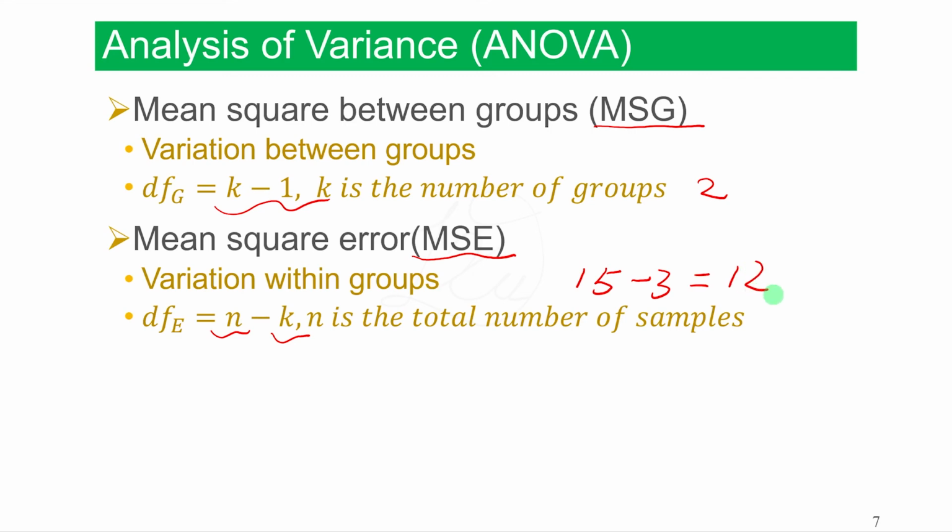And then we take the ratio of MSG and MSE. It is an F distribution, so we can perform an F test. Basically, the larger the F is, the more likely it is that the groups have different means, and we are more likely to reject the null hypothesis. We will talk about the details of the ANOVA calculation in the next video.